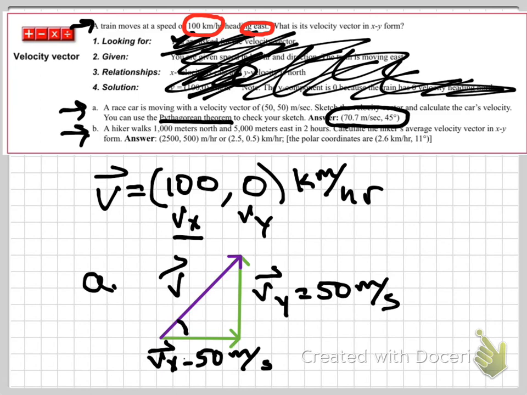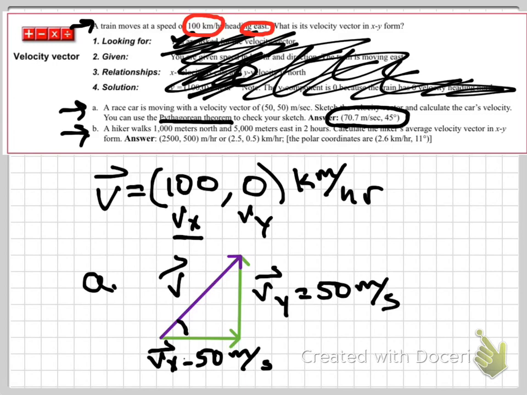Letter B. We have a hiker moving 1,000 meters north and 5,000 meters east in 2 hours. We want to figure out the hiker's velocity vector in XY format. Essentially we're going to calculate the velocity in each separate direction.